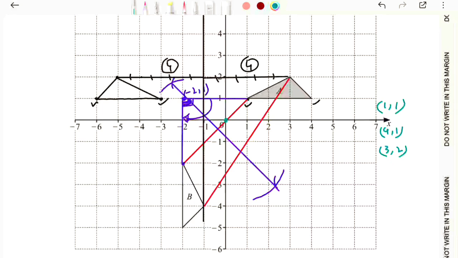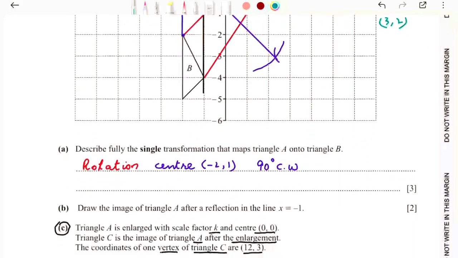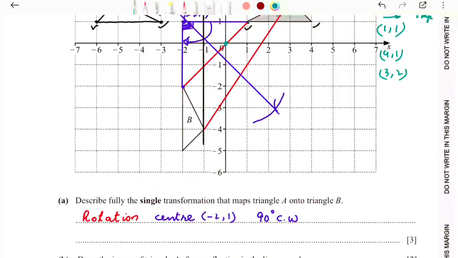If you see, I have read all the coordinates. Now these are the coordinates of the object, and that is A. Now the image is C, whose one coordinate is given, that is 12, 3.